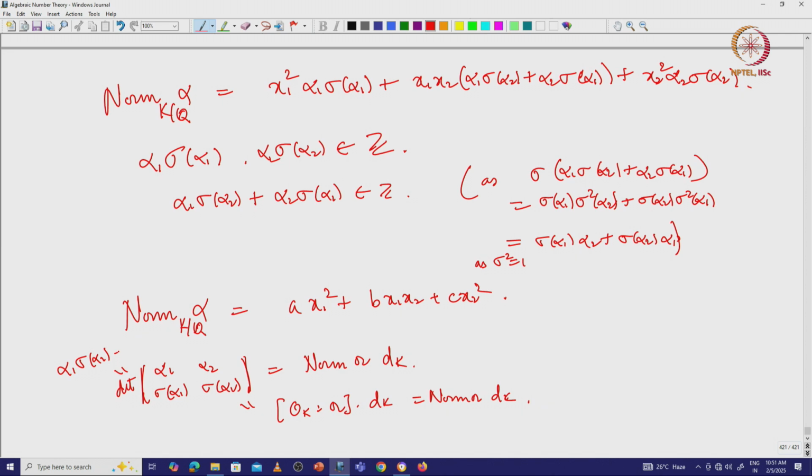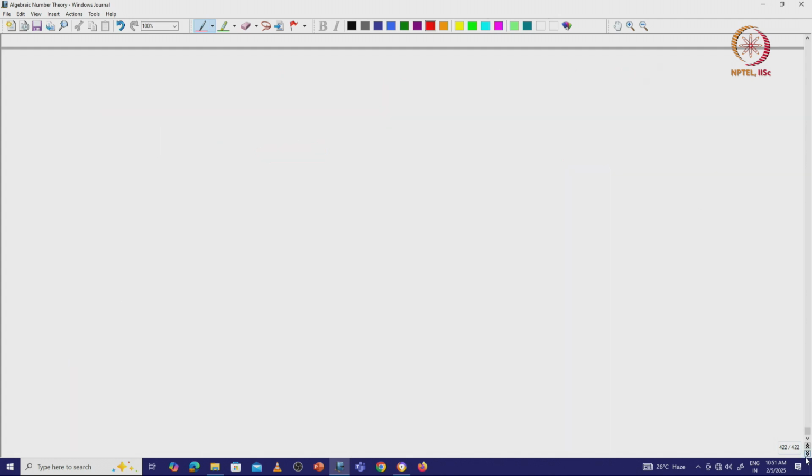In any case, let me write it down. So, alpha 2 sigma alpha 1. So, how is the norm of A defined?